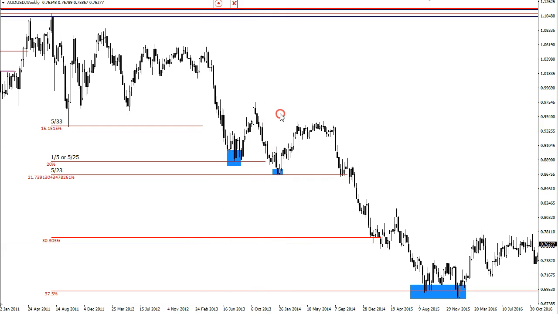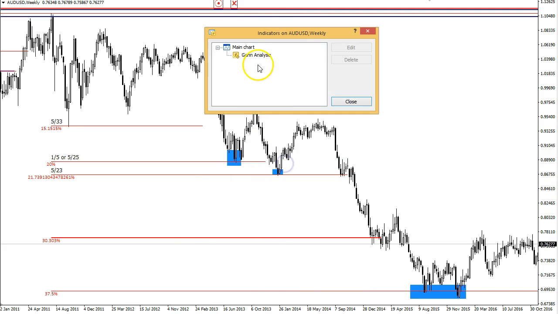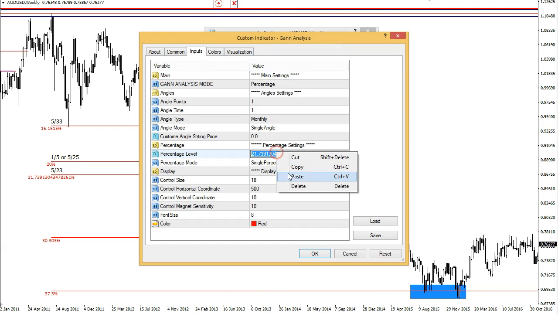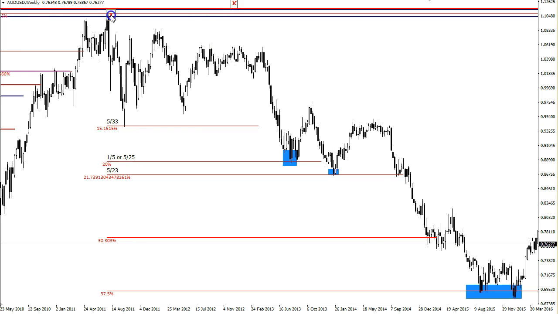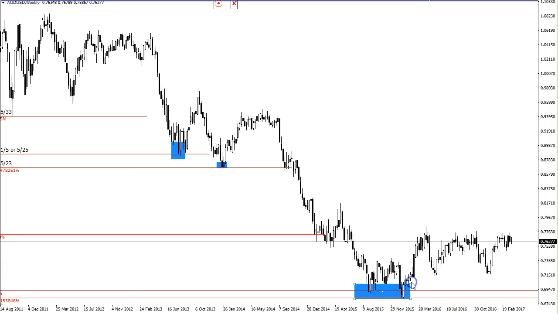So you have 5. Let's remove that one. We can see that it's exactly where the market stopped. So I remove the 37 from here.